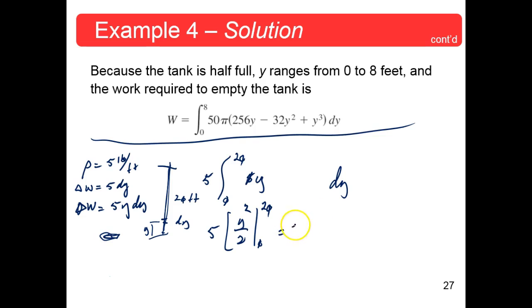And that would give us 5 times 20 squared, which is 400, over 2. 0 squared is nothing. 2 goes into 400, 200. And this would be 1,000. Whoa. Yep. We're in feet, foot-pounds, I guess it is. 1,000 foot-pounds. Very good.